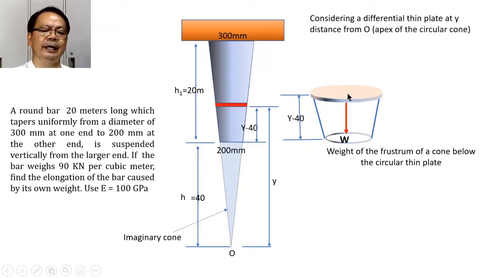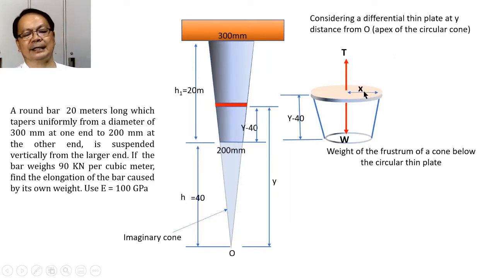And because we are now given the height of that frustum, what we need to determine is the area as well as the other dimension of the frustum. So if we consider this W, this weight shall be resisted by a tensile load exerted by the upper part of the frustum, and therefore this thin plate is subjected to a tensile load equal to W. The diameter of this plate will be defined as x, while this diameter shall be equal to 100.